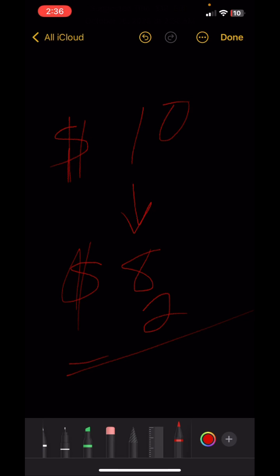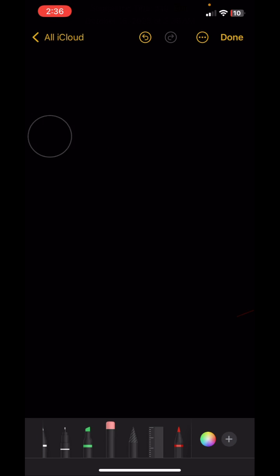So that's down $2. And for each dollar, the option that we're using for the example was worth $50. So that means a negative $100, right?